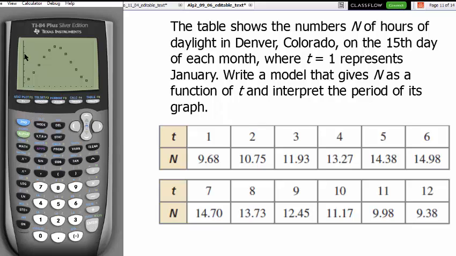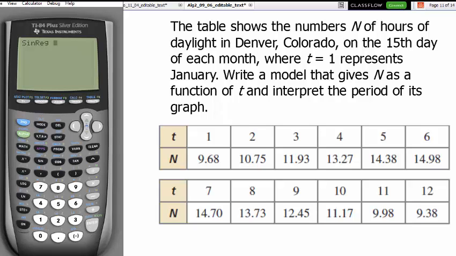So now we need to come up with the equation that goes with this. Stat, calc, and I need to scroll down in my list. If you have a slightly different calculator, the letters will be different. My sine regression is letter C, and I'm going to hit enter. As long as I put data in L1 and L2, I don't have to mess with a lot of other things.